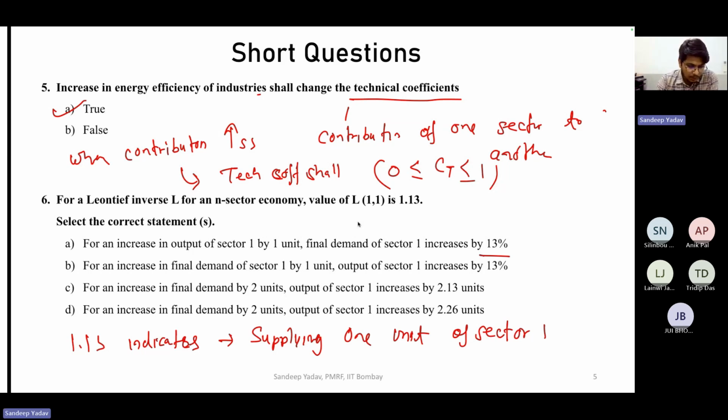Then by this logic, if the demand of sector 1 is 1, it increases to 2 units.